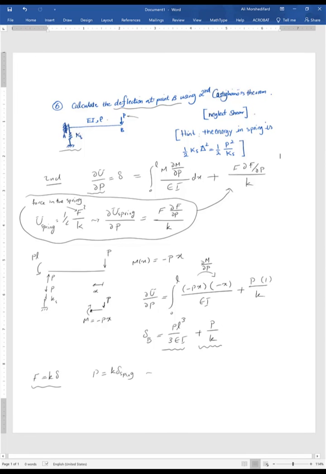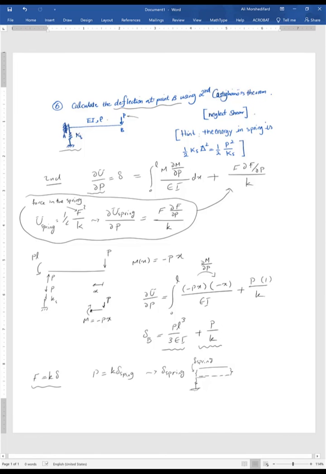So this would mean that delta spring actually brings the whole beam down, right? So this is part of delta B. In a rigid fashion, you can imagine that because of the flexibility of the spring, the whole beam comes down.